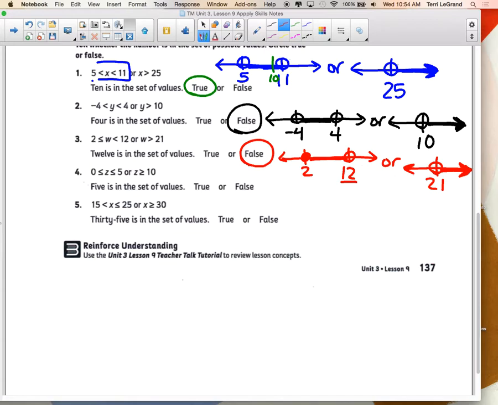How about our next one? 5 is in the set of values. Well, first thing we're going to do is graph, and check it out by a graph supporting our answer.